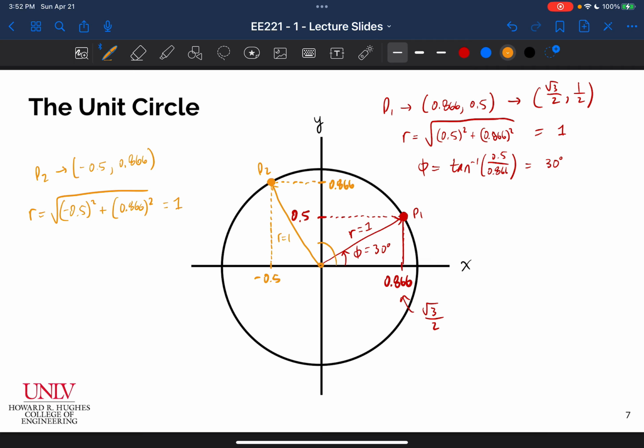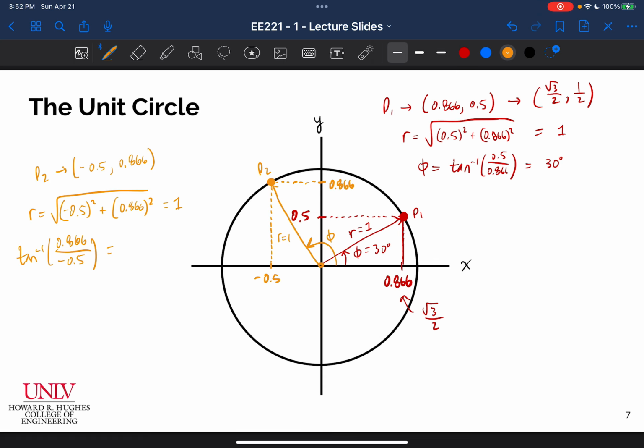And now the question is, what is this angle? Let's take a look. It's going to be the tan inverse of my y value, which is 0.866, divided by my x value, which is negative 0.5. Let me throw this in my calculator, and I get 0.866 divided by negative 0.5.